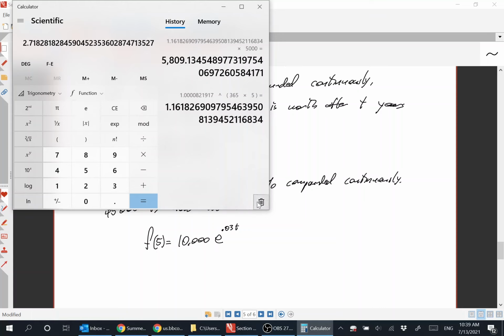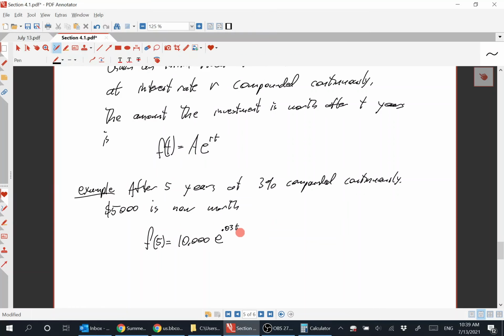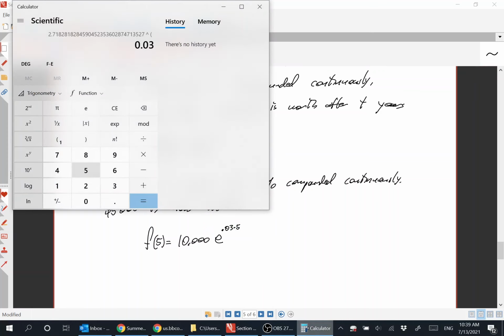But here, let me clear all this out. E to the exponent 0.03 times 5. Should be a 5 here. 0.03 times 5, close the parentheses.